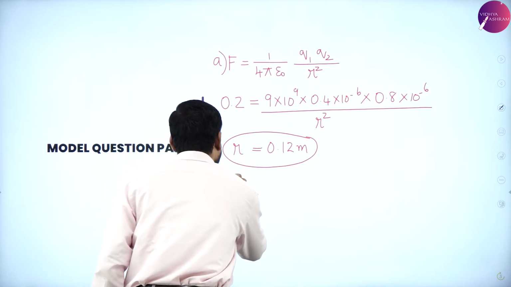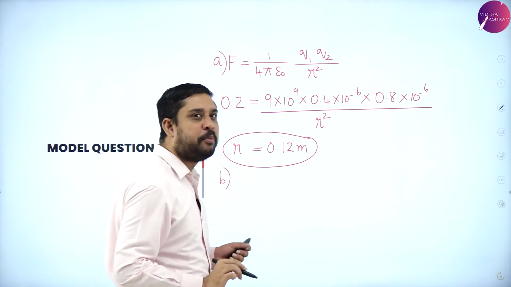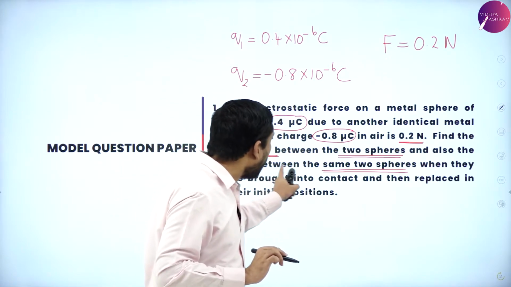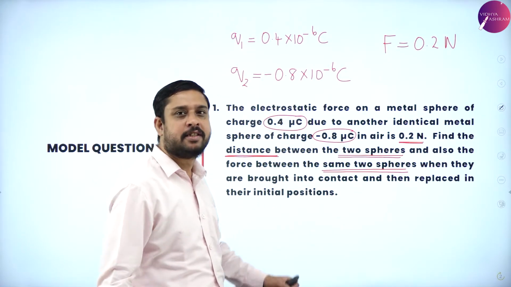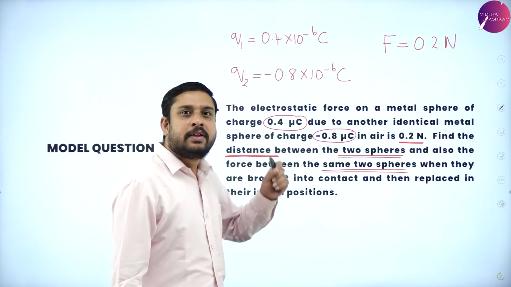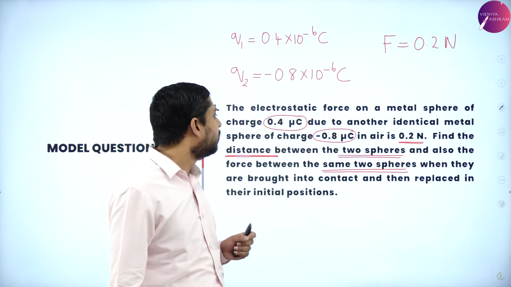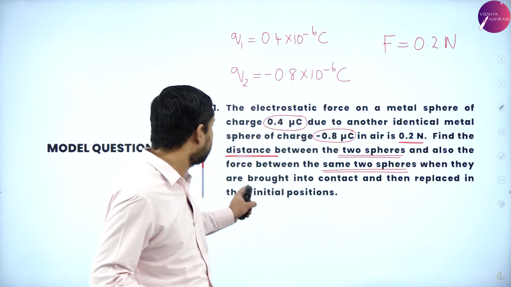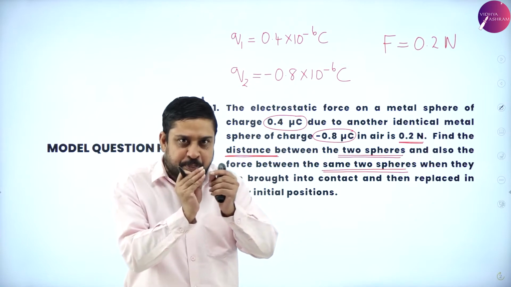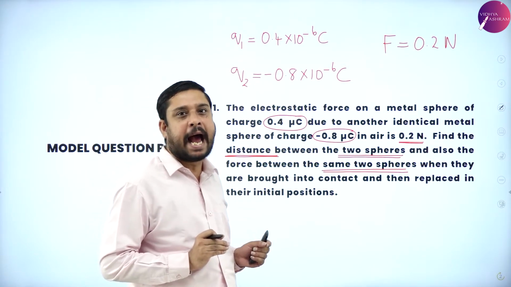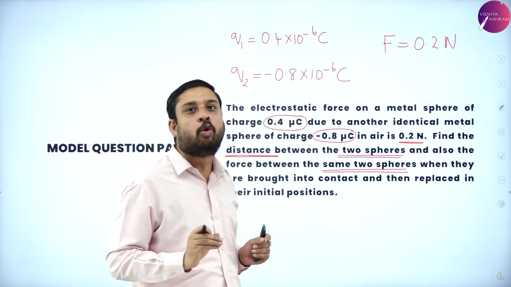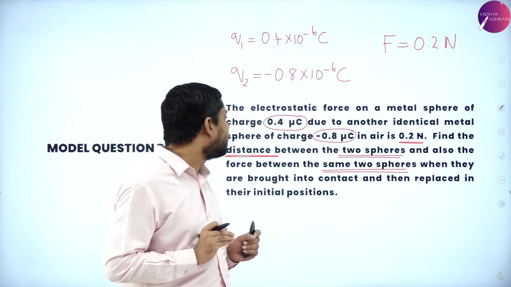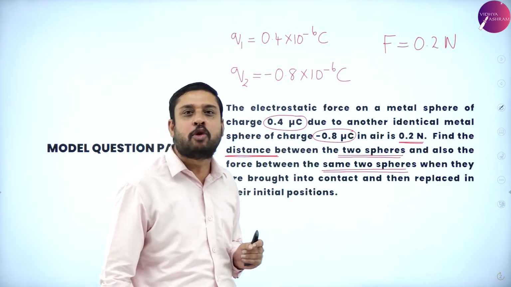Now, the next part of the problem is interesting. Now I have to calculate the force between the same two spheres when they are brought into contact and then replaced in their initial positions.